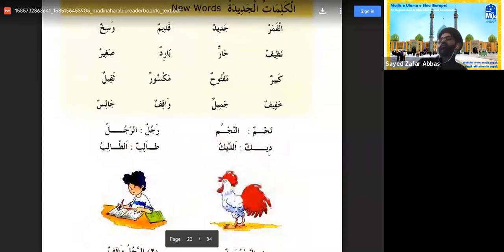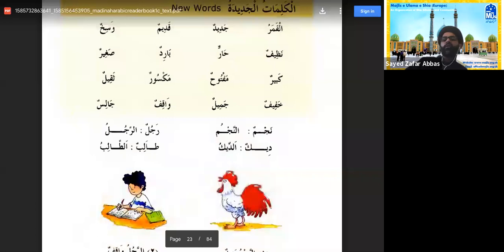Nadif, clean. Har, hot. Barid, cold. Saghir, small. Kabir, big. Maftuh, open. Maksur, broken. Thaqil, heavy. And khafif, light. Jamil, beautiful. Waqif, standing. Jalis, sitting. Okay.